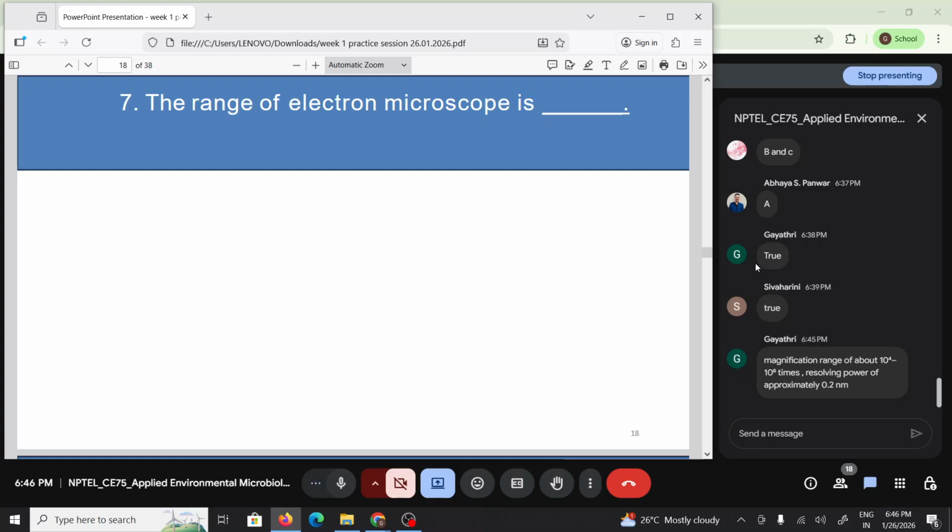You can answer in terms of magnification or resolution.